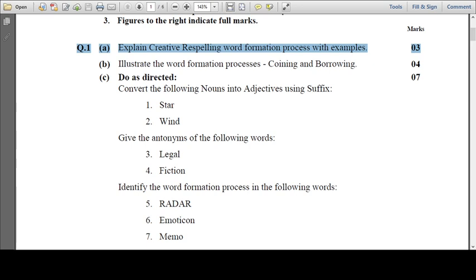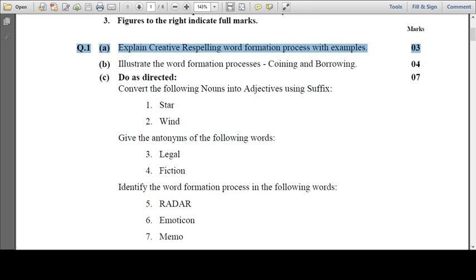First you need to give a definition, a little information about the process, and after that give examples of it. As you have already learned during your lecture session, today we are just doing the revision in the form of paper solution. Your answer can be changed; you can modify it as per your requirement.